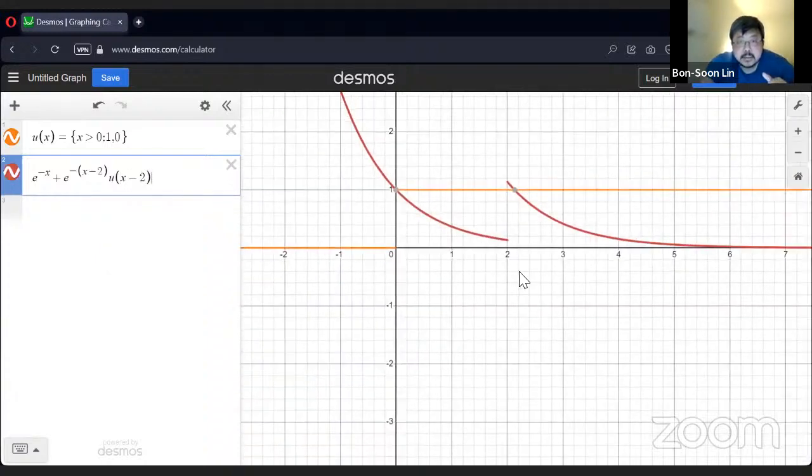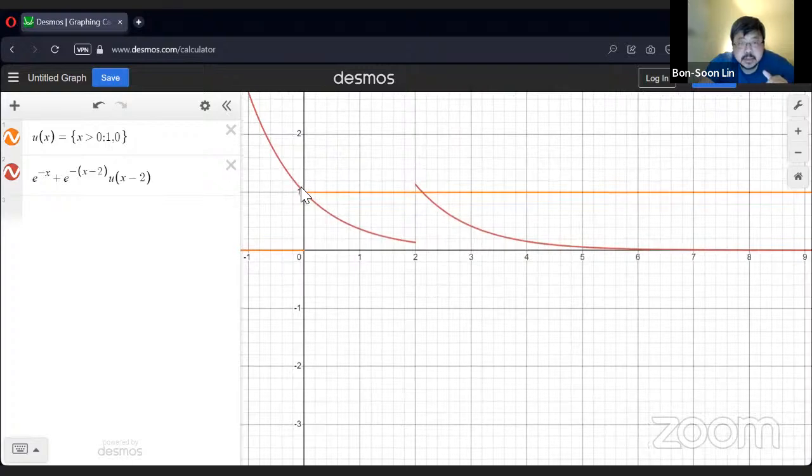Okay, so you see that it's initially decaying as e to the minus x, and at 2, another copy of e to the minus x is injected into the system and then decays like that. So that is exactly what we expect. So at x equals 2, some unit impulse of energy, or whatever y is, is being injected into the system. That's the interpretation of this delta of x in a differential equation context.